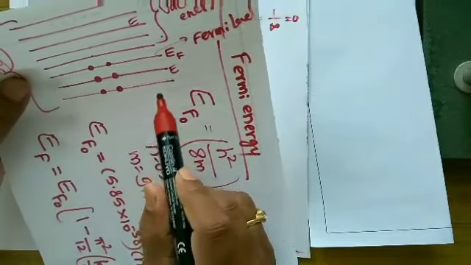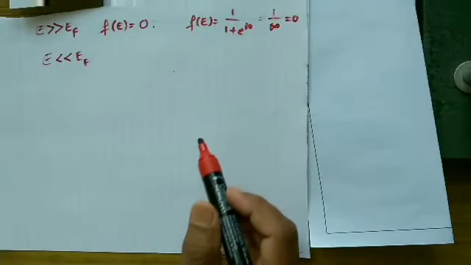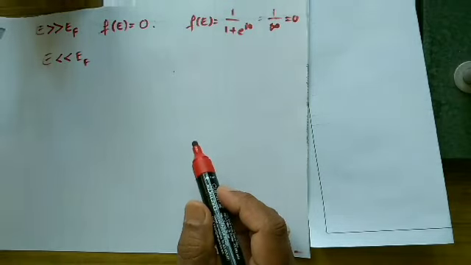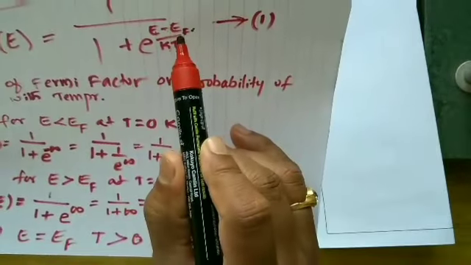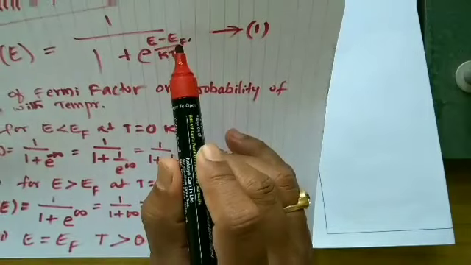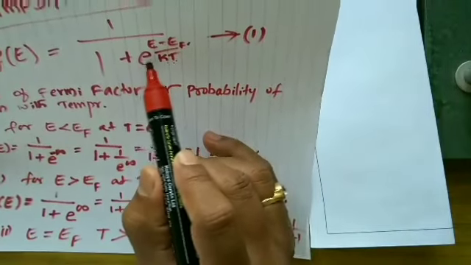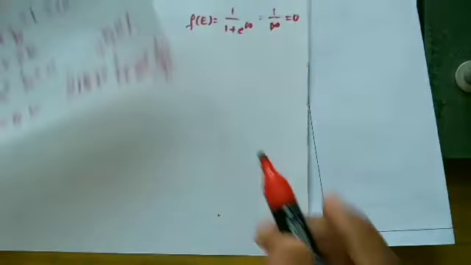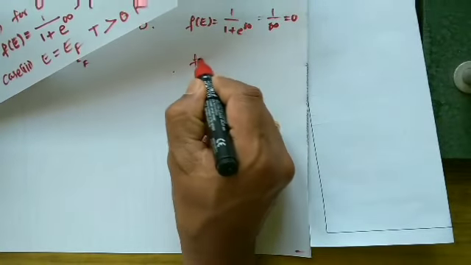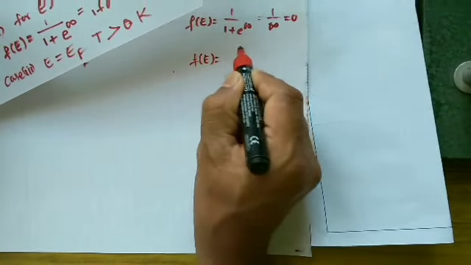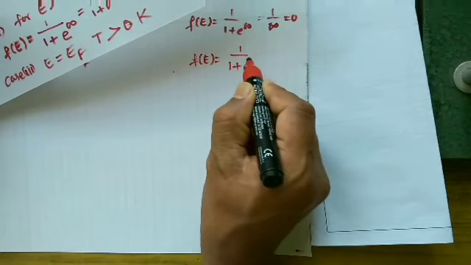In that case, EF can be treated as infinity. Here in this equation, you can think that EF is infinity. If that is the case, e power minus infinity will be the answer. That means f of E will be 1 by 1 plus e power minus infinity.